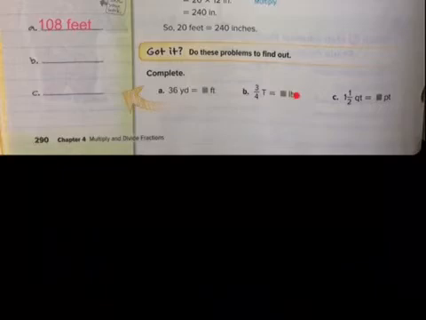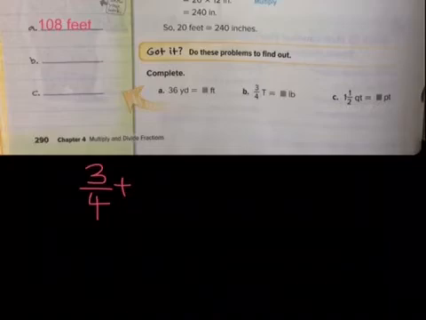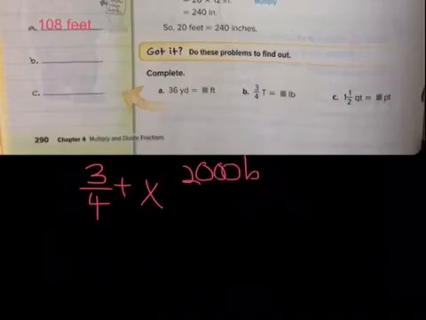But let's see how we solve this by actually following the steps. So we have 3/4 ton, times, this is a T for ton, not a plus sign, times 2,000 pounds per 1 ton.